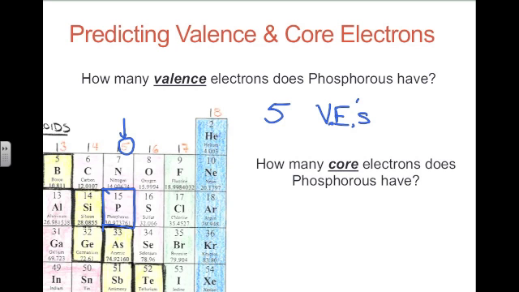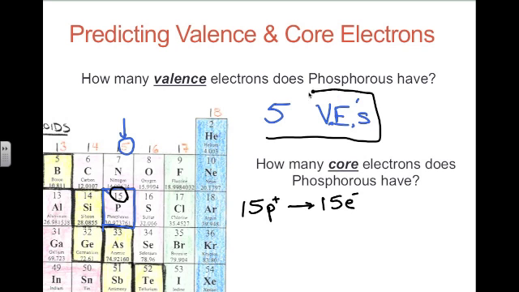How many core electrons does phosphorus have? This is going to be a second step. We haven't solved a problem like this before. But remember that the atomic number at the top of the box tells us I have 15 protons. If I have 15 protons, then I need 15 electrons to cancel them out. I want the core electrons only, just the ones in the middle, so I have to get rid of the valence electrons on the outside.